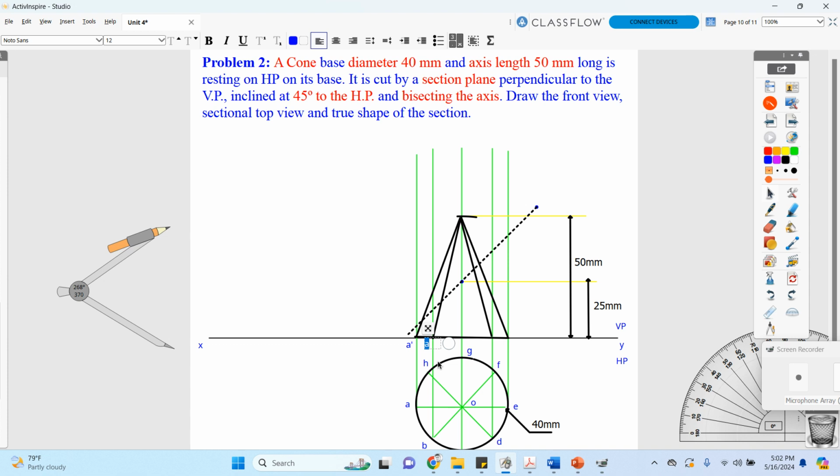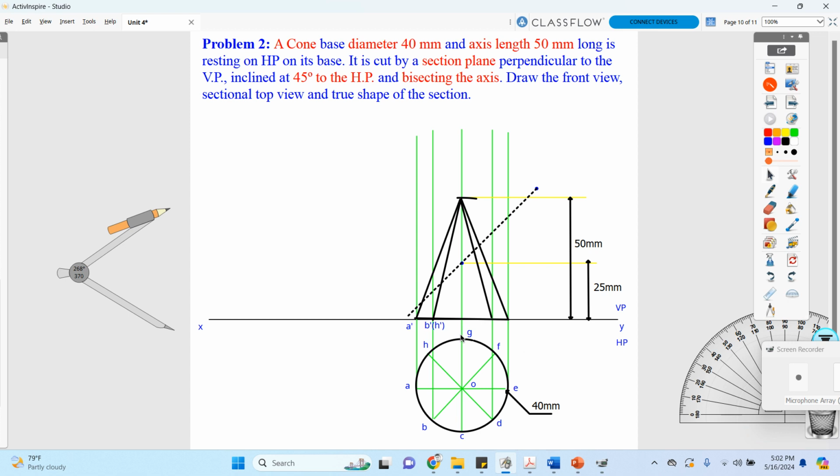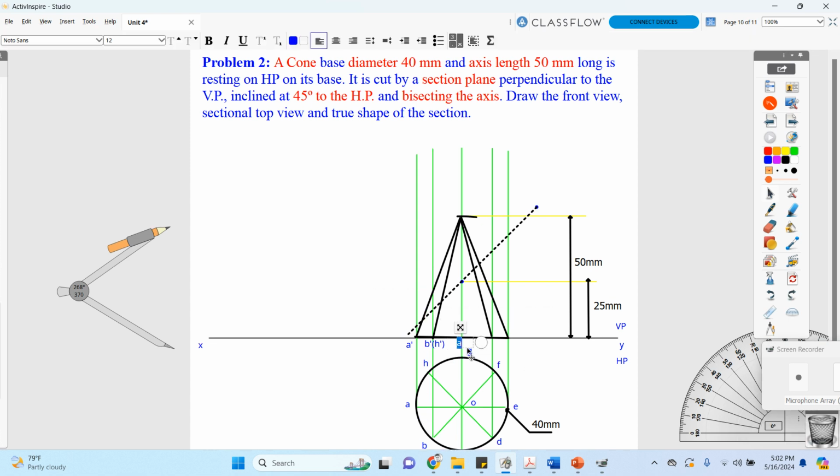Any answer? B dash of H dash, then we are coming to the next one. Over here, C dash of G dash.